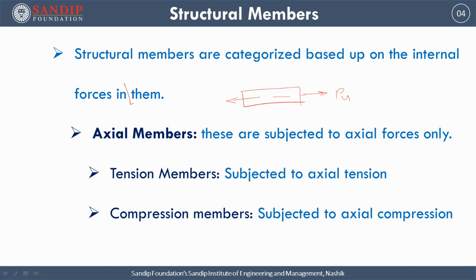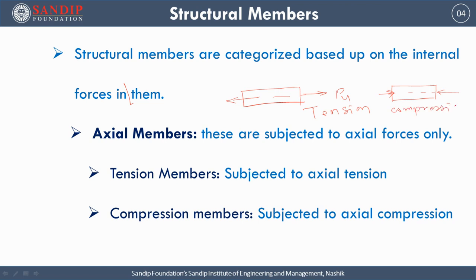Now depending on the nature of force, it will be further subclassified as tension member or compression member. If the member is subjected to a pull like this, an axial pull, it will be termed as tension member. And if the member is subjected to axial push, then that particular member will be termed as compression member.